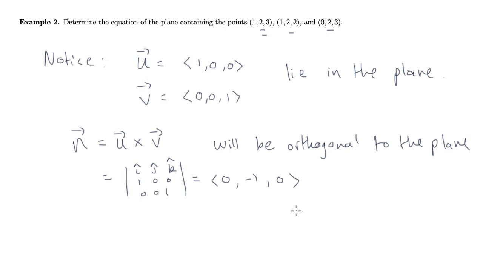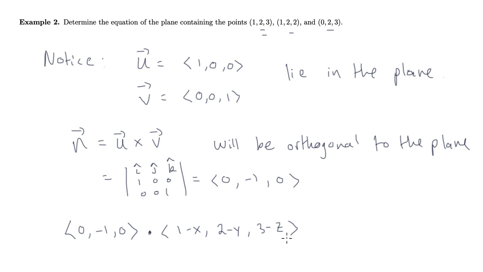And so now our plane will just be (0, -1, 0) dotted with a vector based at a point in the plane. So we can use, say, (1, 2, 3). So like (1 minus x, 2 minus y, 3 minus z).